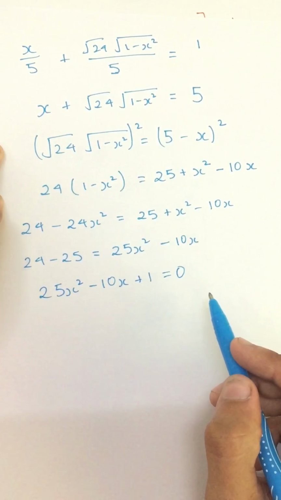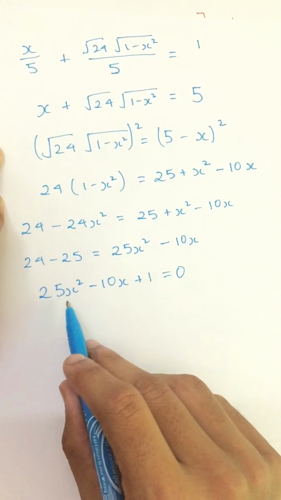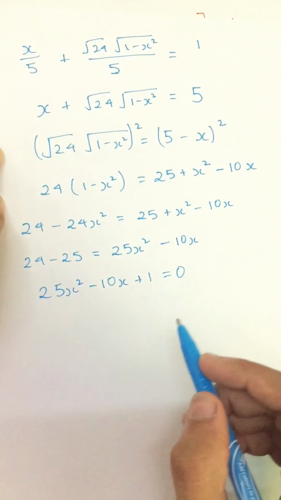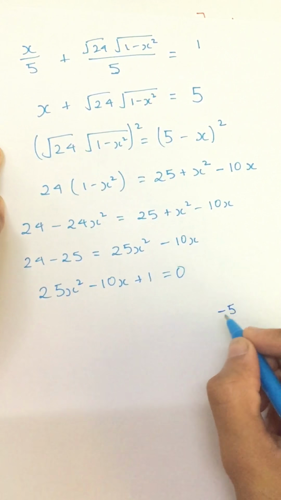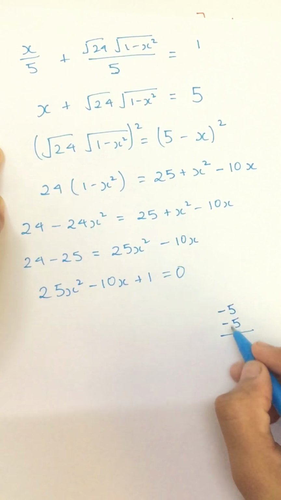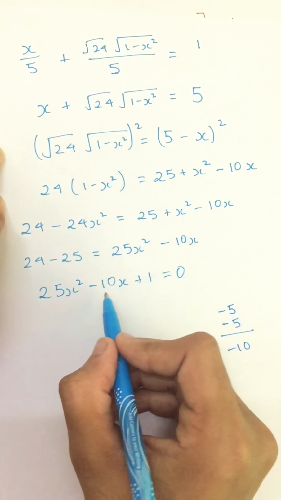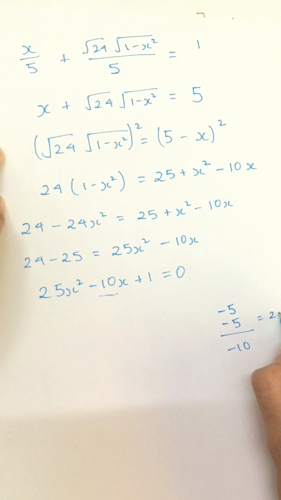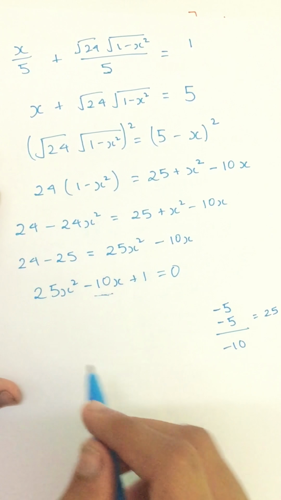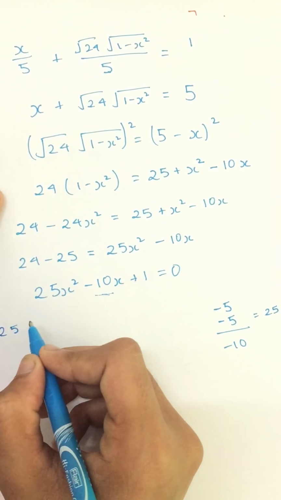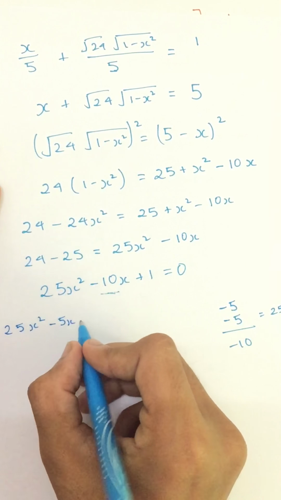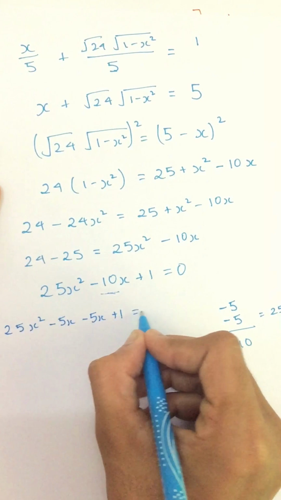Now solving this equation, I want my product to be 25 and my sum to be minus 10. So our combination will be minus 5 and minus 5, because if I sum it up, I get minus 10, which I need over here, and if I multiply them, minus 5 into minus 5 is 25. So friends, our equation now becomes 25x square minus 5x minus 5x plus 1 equals 0.